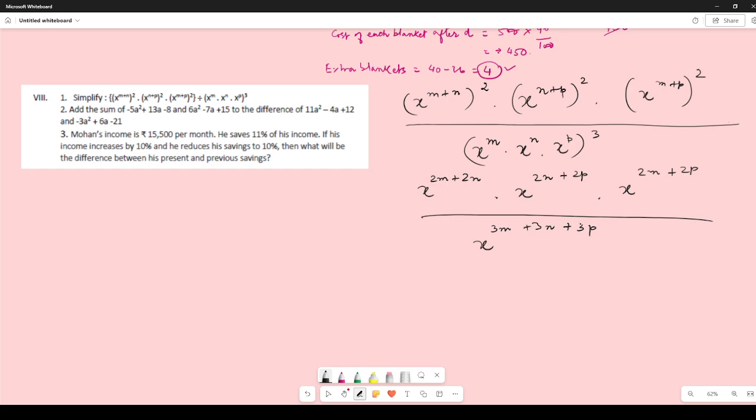All the powers, they will be added up, m plus n plus p, and this is multiplied 3 times, so all of them become like this.